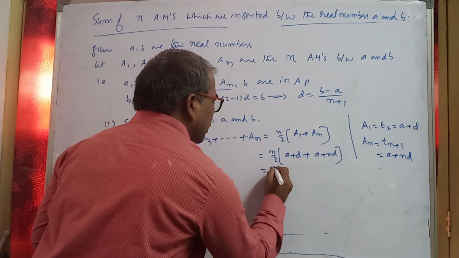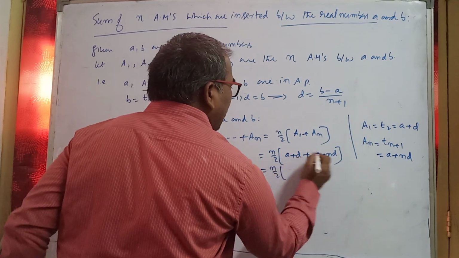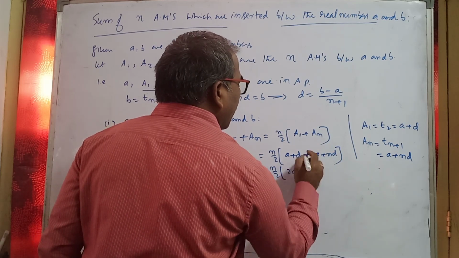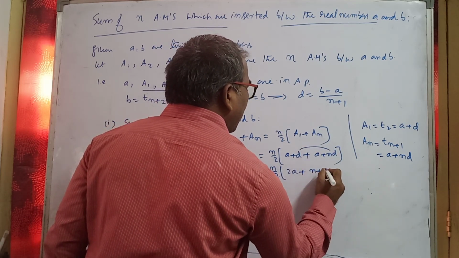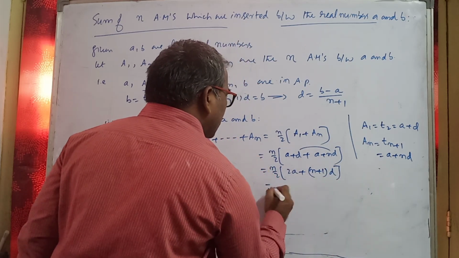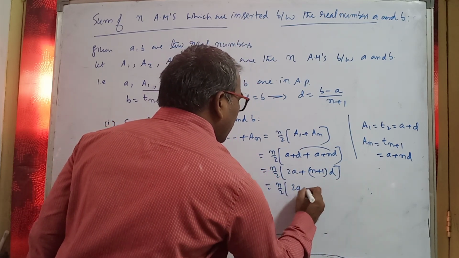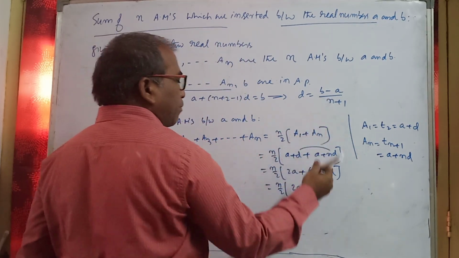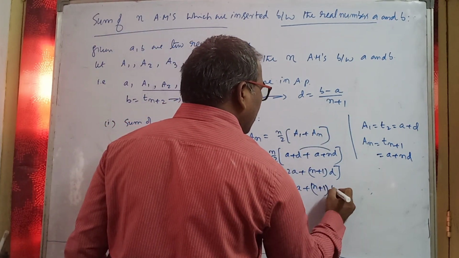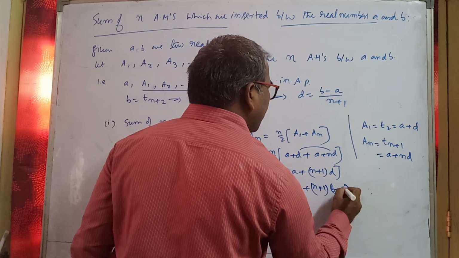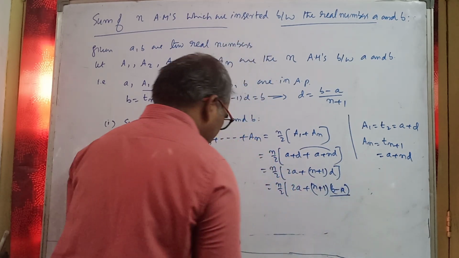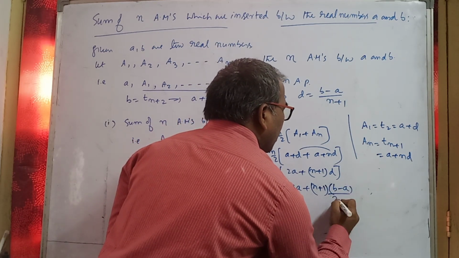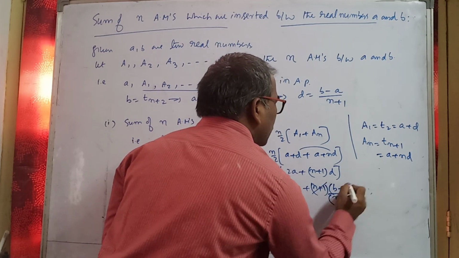Now see this: n by 2 into (a plus a, 2a) plus d; when you take d common, (n plus 1) into d. Substitute the d value there: 2a plus (b minus a) by (n plus 1), and the n plus 1 cancels.